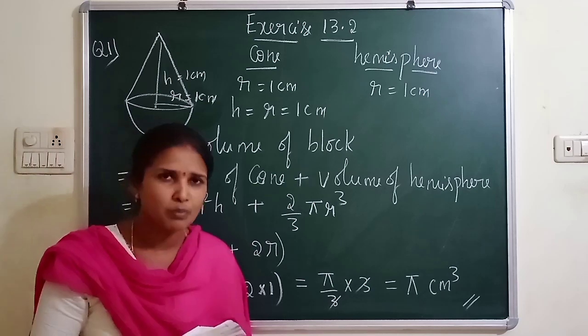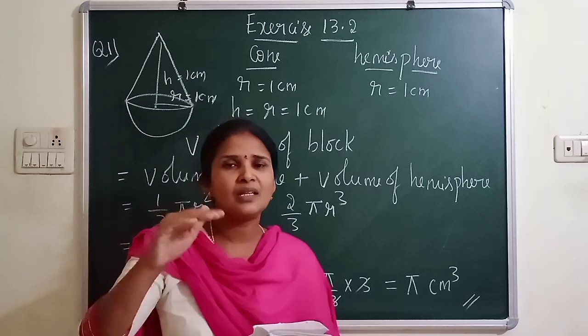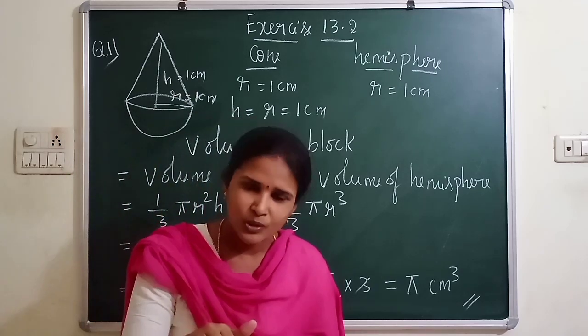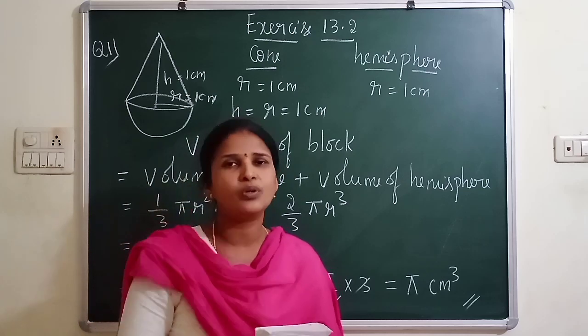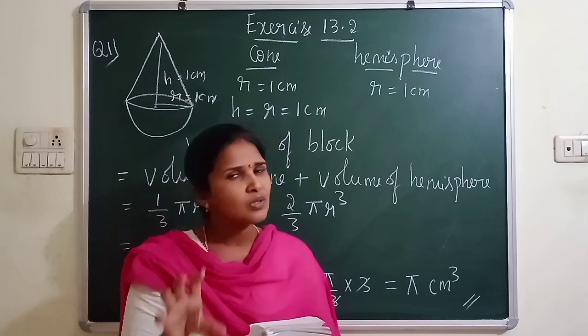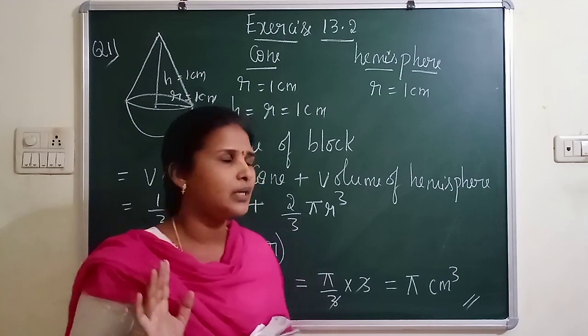If we compare with a swimming pool, it is in cuboid shape and the top of the swimming pool is open. Even if it is closed or even if it is open, the volume remains the same. You have to note this down, whether it is hollow or closed.